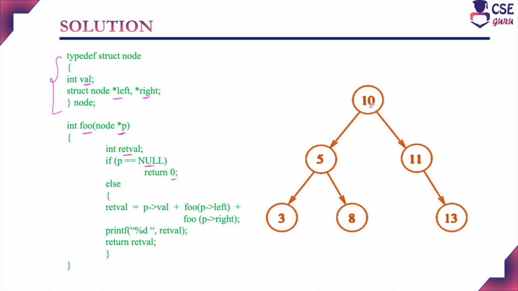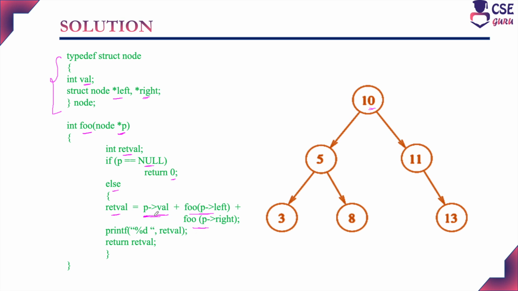That is, any node, if it is null, that is empty, no value, will return 0. Else, if some value is present with the node, we have to calculate the return value, that is p of value plus foo of p of left plus foo of p of right.